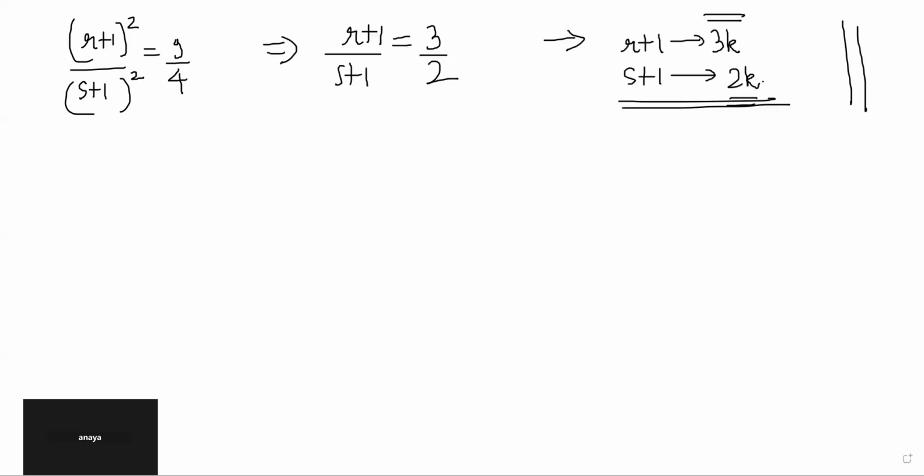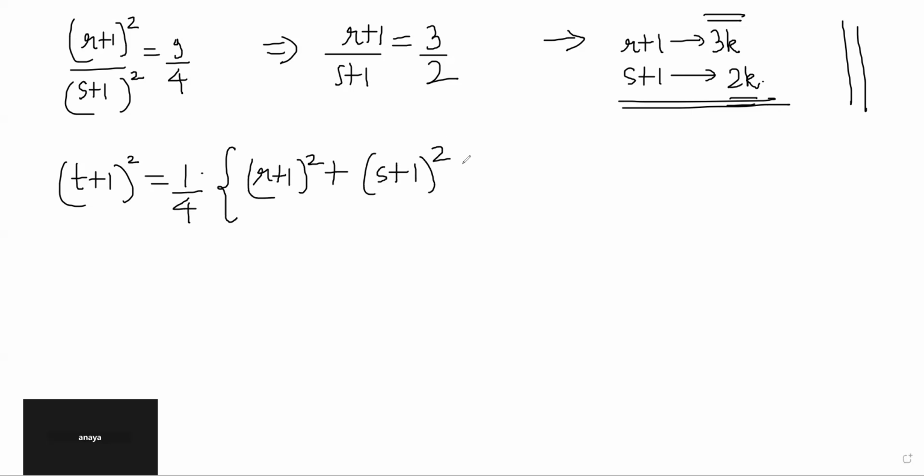We made an equation about the R union S part. So we said that T has one fourth of the lattice points contained in R union S. T's lattice points are T plus 1 whole square. That is going to be one fourth of the lattice points in R union S. We saw that that was R plus 1 whole square plus S plus 1 whole square minus S plus 1. Now I'll put the 3k and 2k here so that I get t plus 1 in terms of k also.